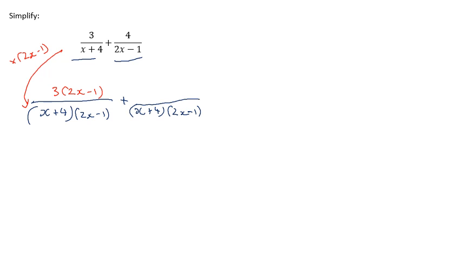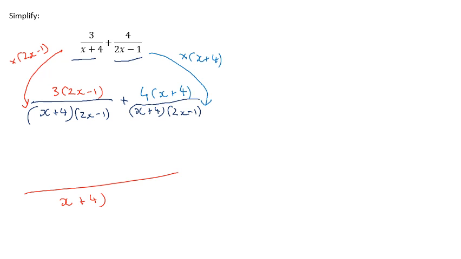On the other fraction, to get from 2x minus 1 to x plus 4, 2x minus 1, I've multiplied by x plus 4. So here I get 4 lots of x plus 4. After that, my denominator is still x plus 4, 2x minus 1.